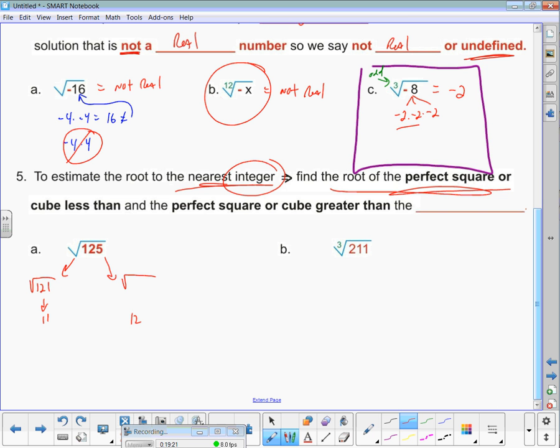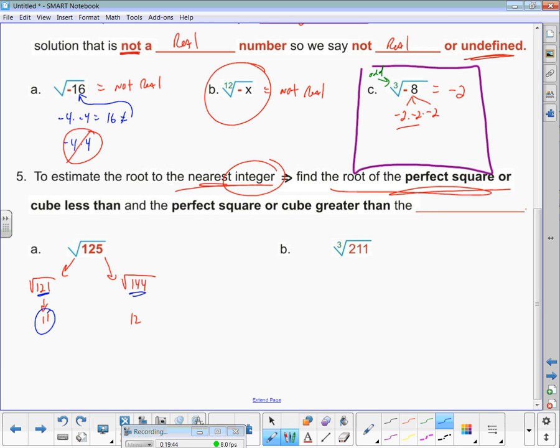And 12 comes from a radicand of 144. Okay, so I have 121 and 144. So hopefully you would agree, if I go to the nearest integer, I'm going to say 11, because 125 is a whole lot closer to 121 than it is to 144.